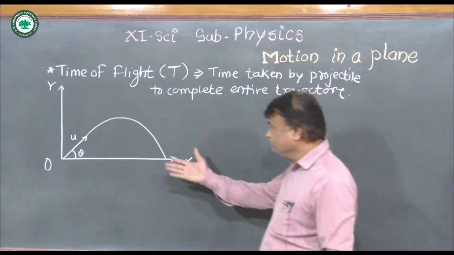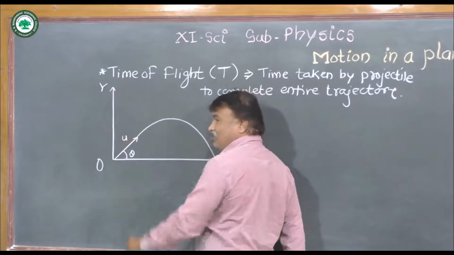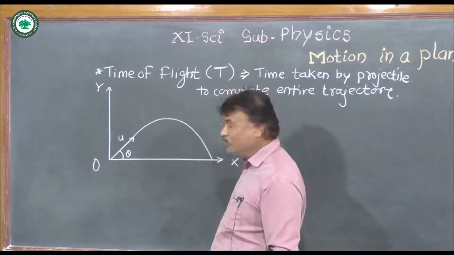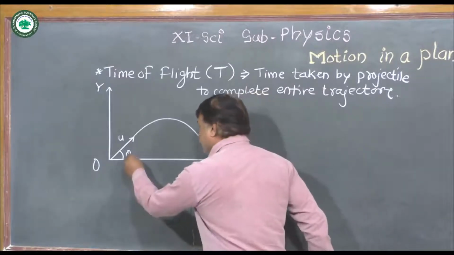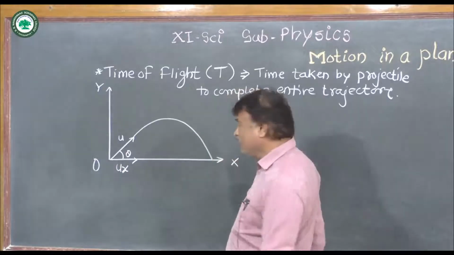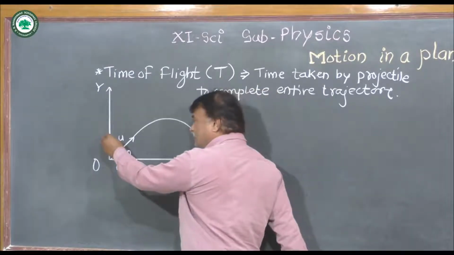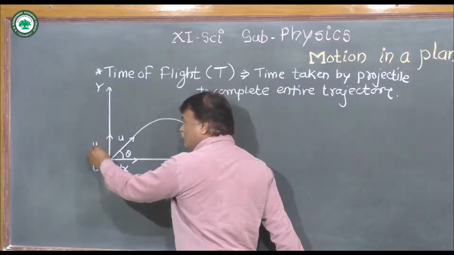Now see here, from this diagram we know that the initial velocity can be resolved into components. One is the horizontal component along the x-axis, given by ux. Similarly, another component is along the y-axis. It is called the vertical component, which is shown by uy.